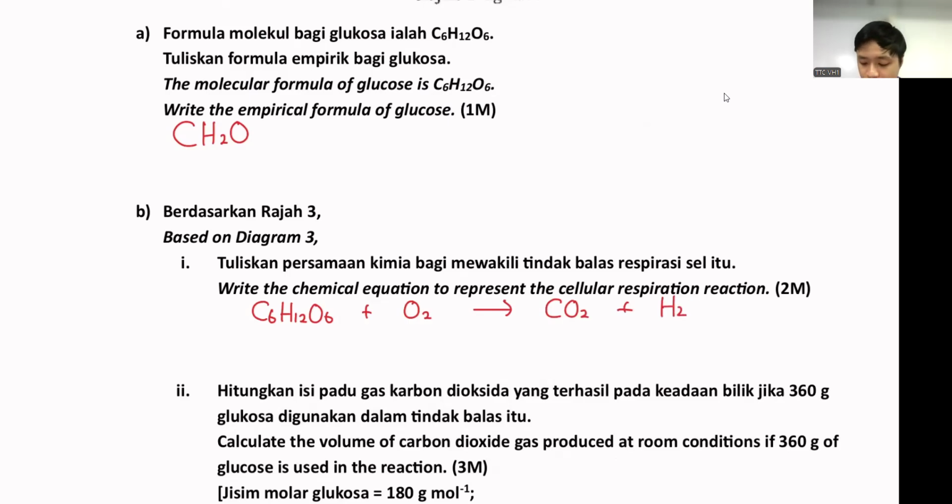But if you just leave it like this, 0 mark. Again, you have to balance the chemical equation. As you can see, carbon on the left side has 6, the right side has only 1. So you have to multiply by 6. The left side has 12 hydrogen, the right side only has 2 hydrogens. So 2 times 6 becomes 12.